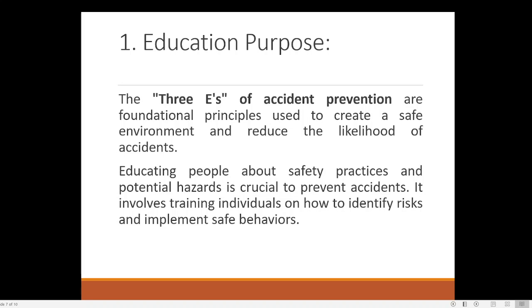Giving individuals a proper education about the possibility of an incident is very important in accident prevention. It involves training individuals on how to identify risk, how to identify a dangerous situation, and what you should do in case a dangerous situation comes up.